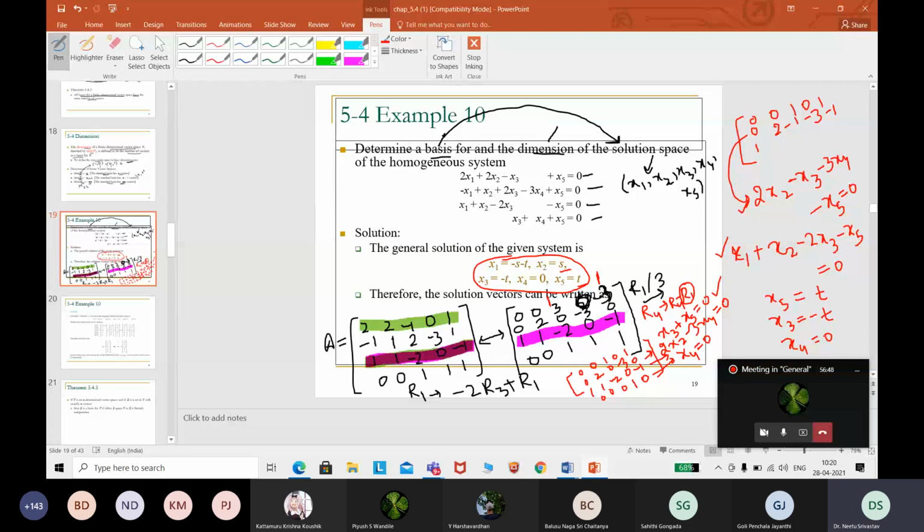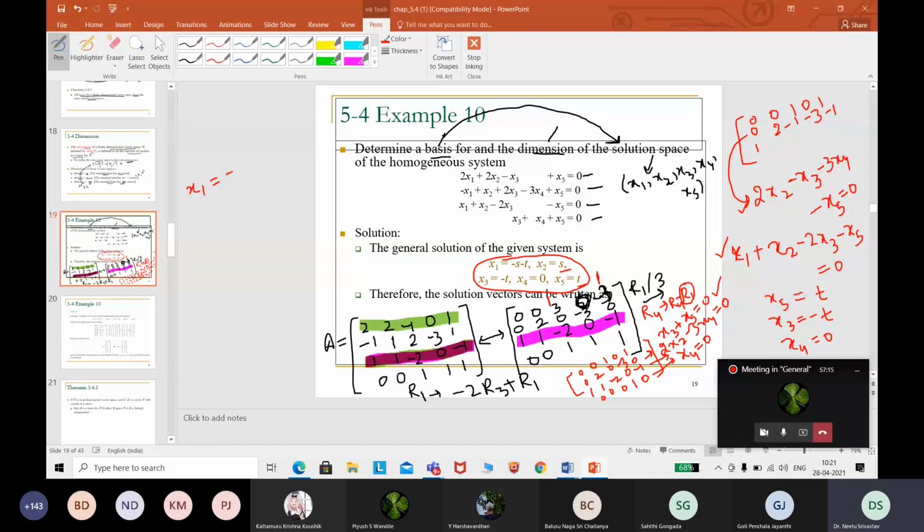And x1 will be, just make a substitution, so it will come in terms of t. So we'll identify whether the mistake is here or we are doing any mistake. Anyway, based on our solution, Piyush is going to tell me what is x1 here. Minus t.